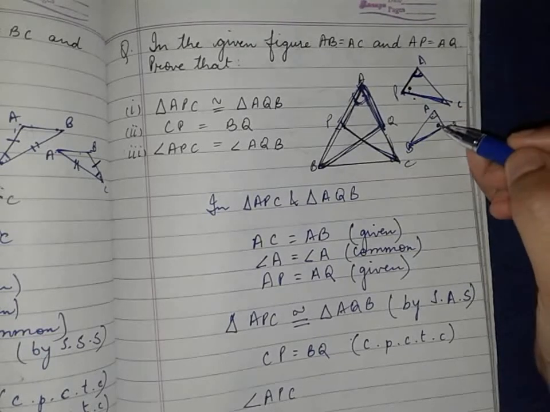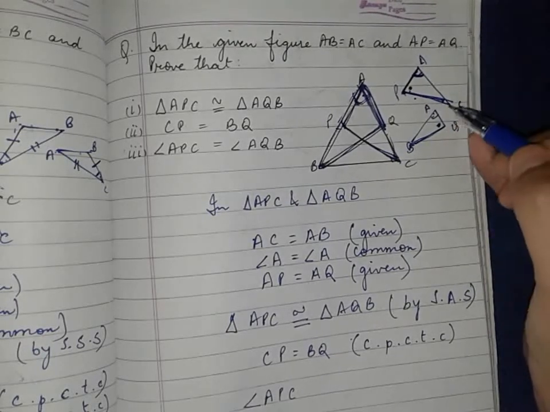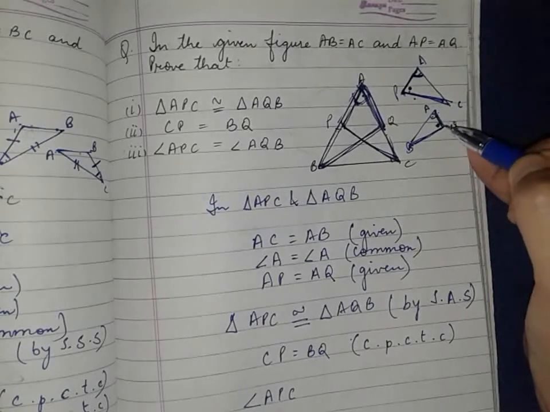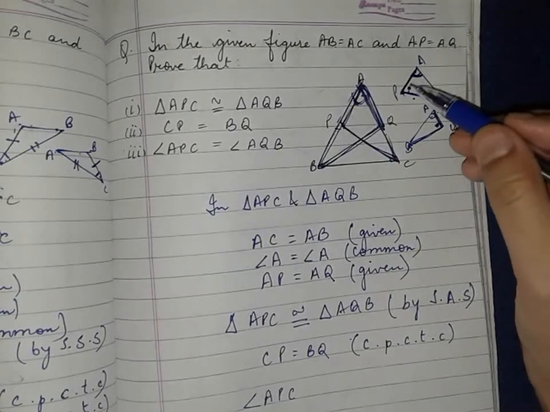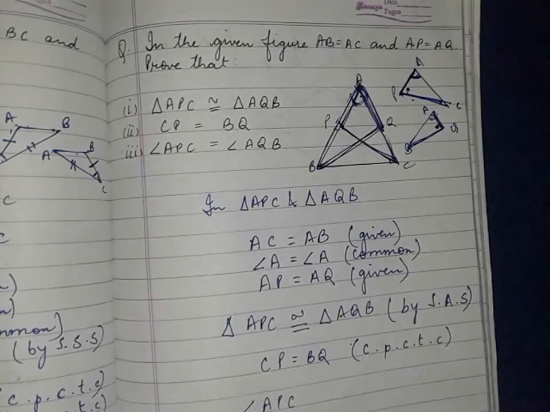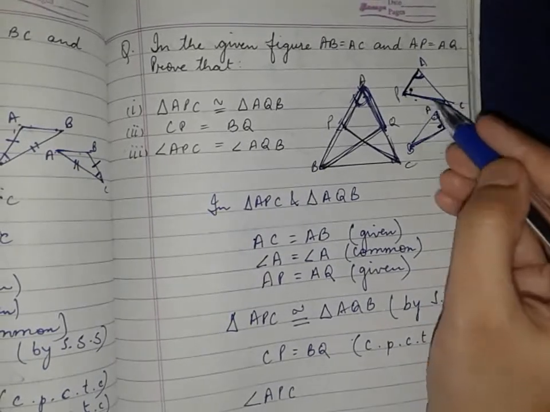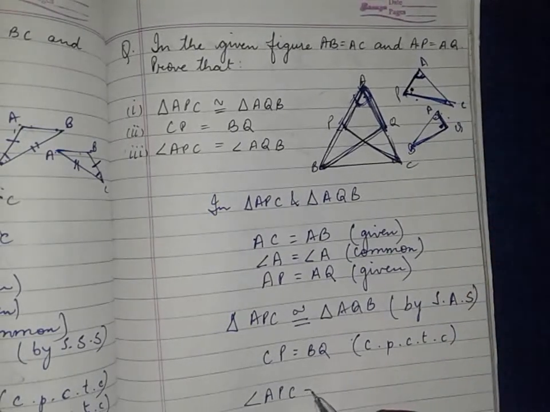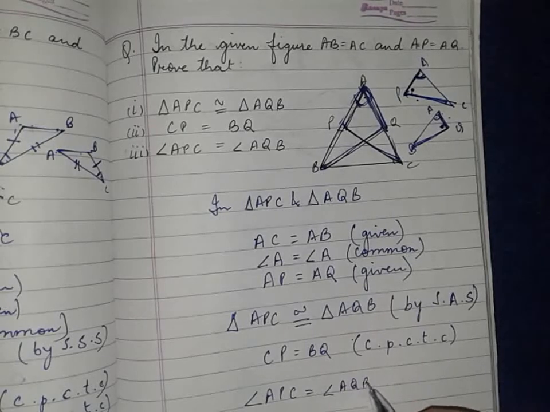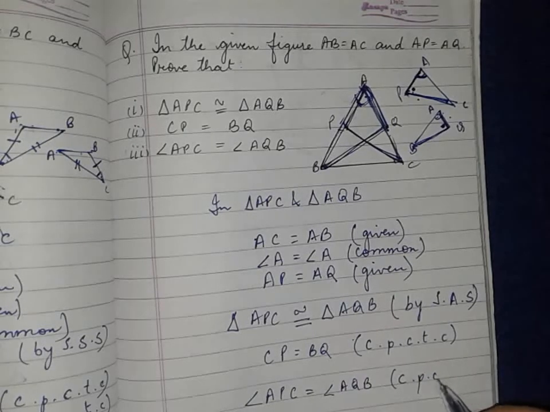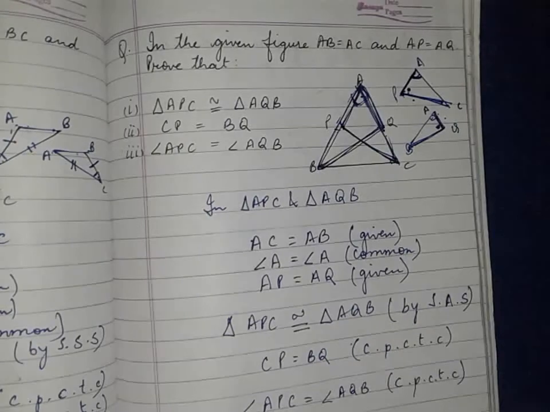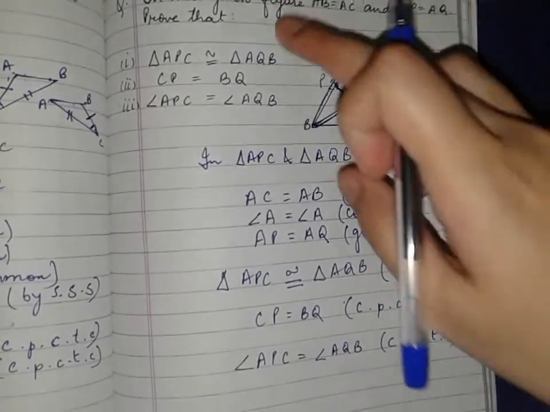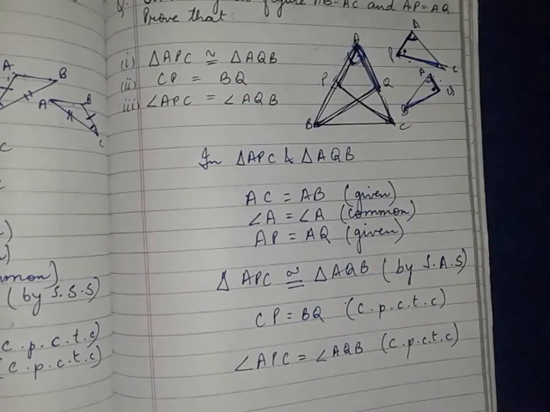So adjacent to angle A, and AP was equal to AQ, adjacent to the equal side and equal angle. So these are also corresponding angles. So they will also be equal by CPCTC. The first triangles are proved congruent and these are corresponding parts, so they are equal by CPCTC.